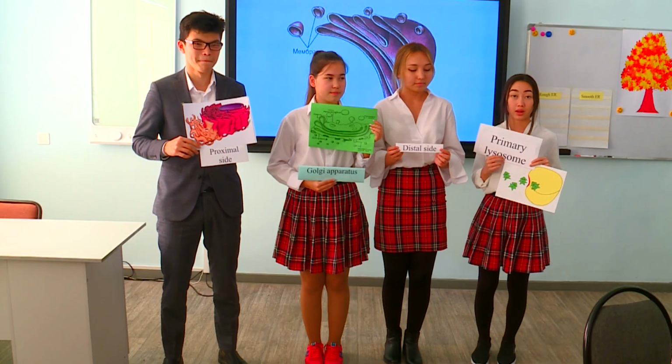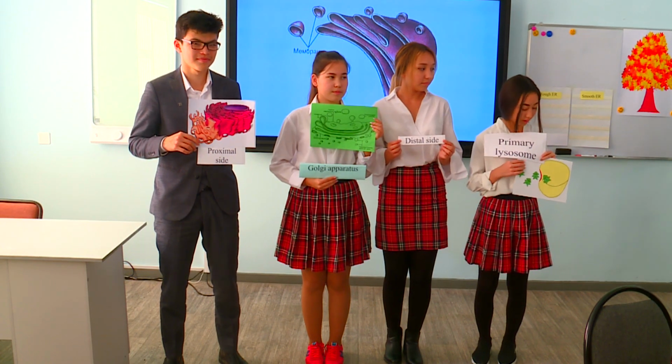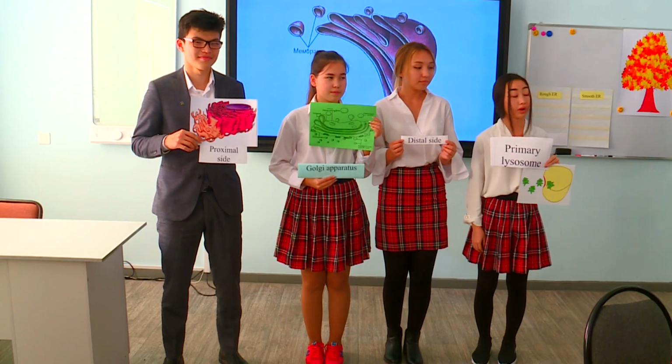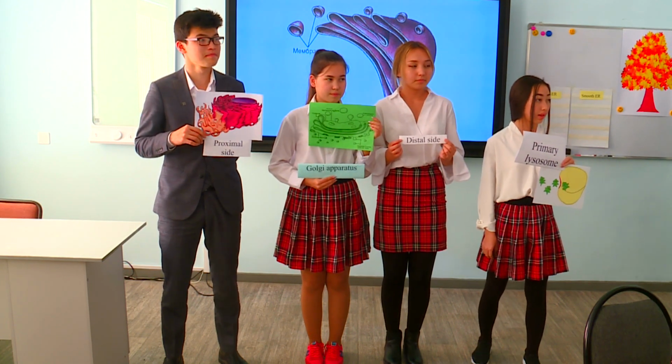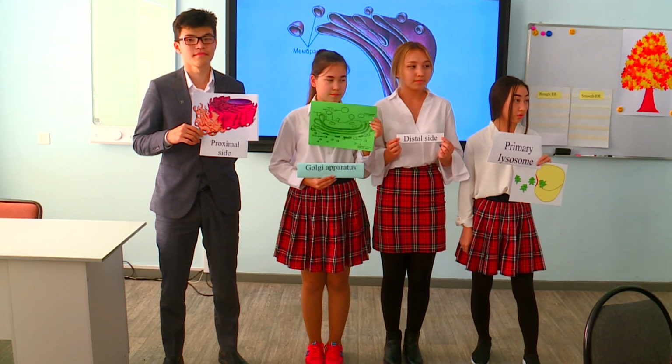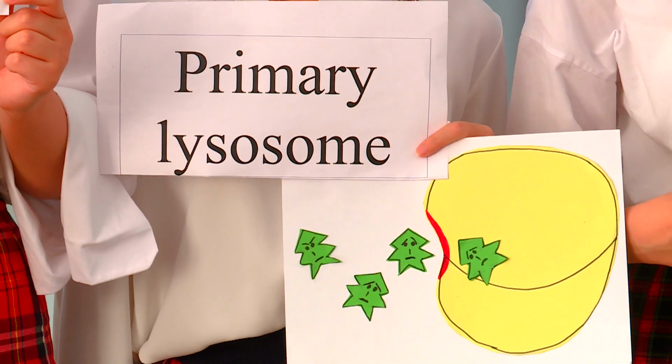I am a primary lysosome. I can contain from 20 to 60 different types of hydrolytic enzymes. Lysosomes budded off the Golgi apparatus are called primary.